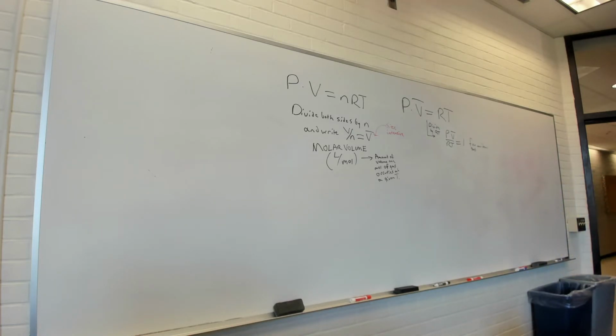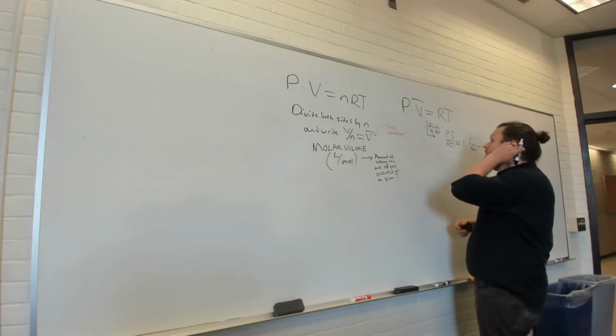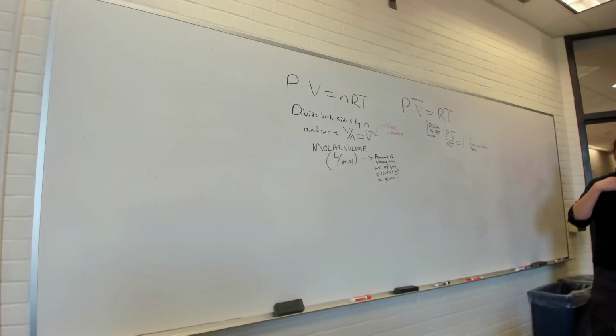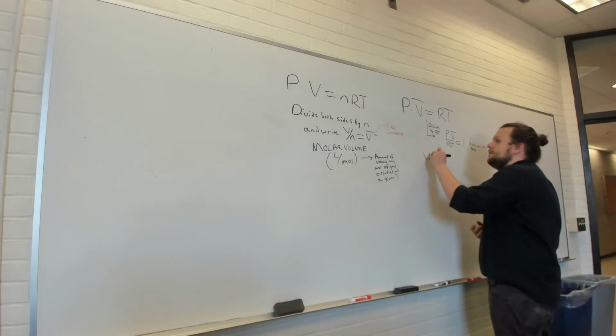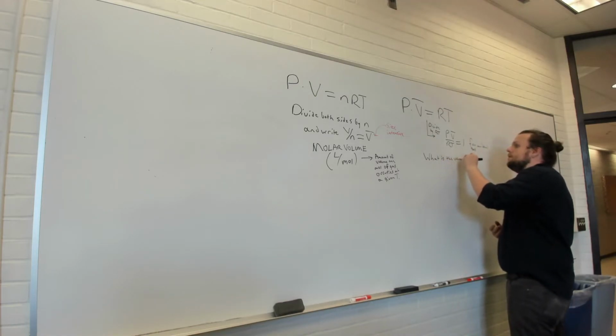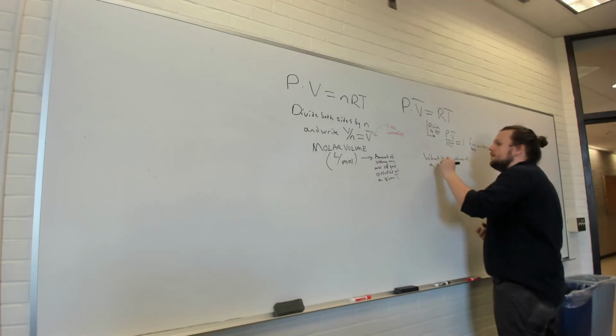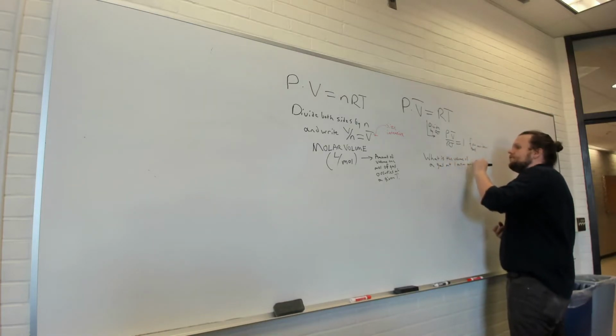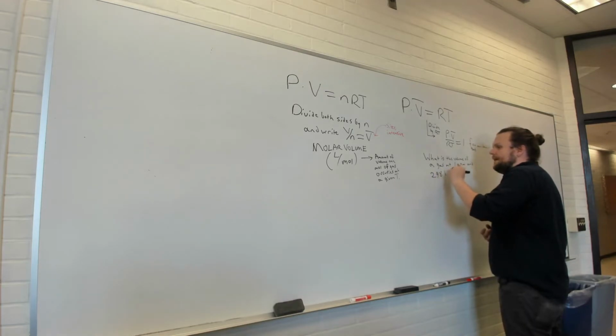Now, as a fun question, I'll let you do this calculation. This is a really simple question. For an ideal gas, what is the volume of a gas at 1 atmosphere and room temperature? How would we calculate this?